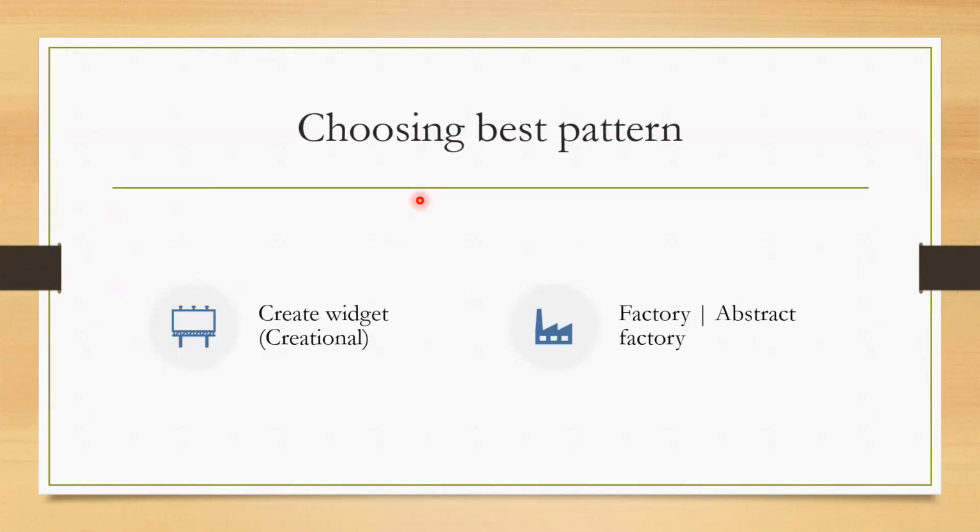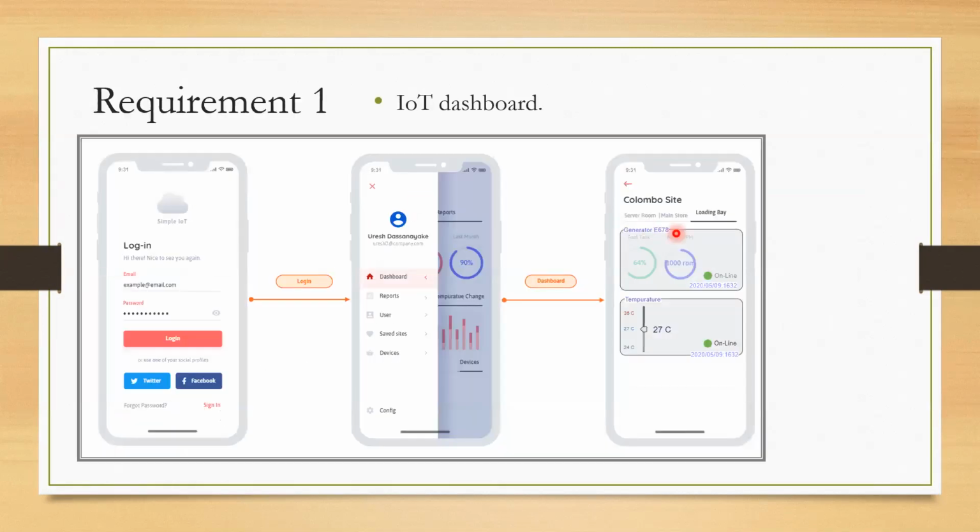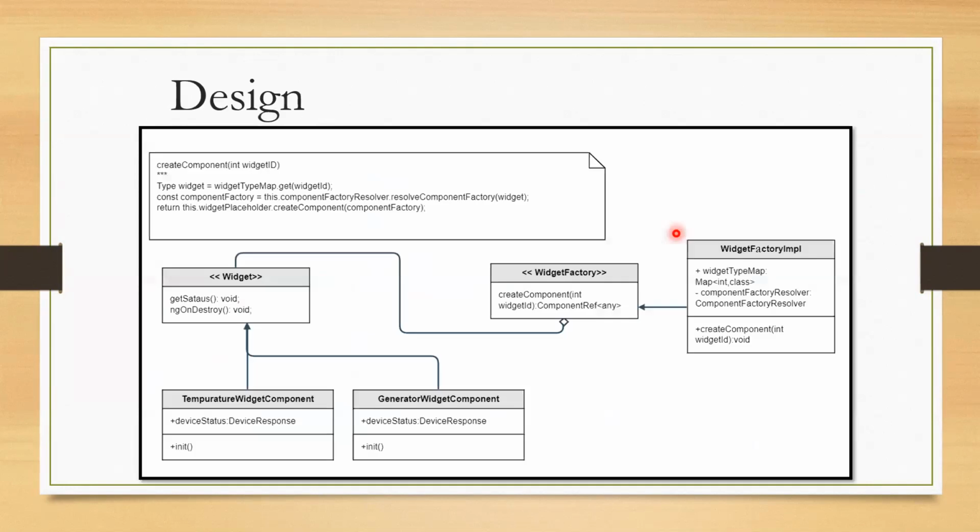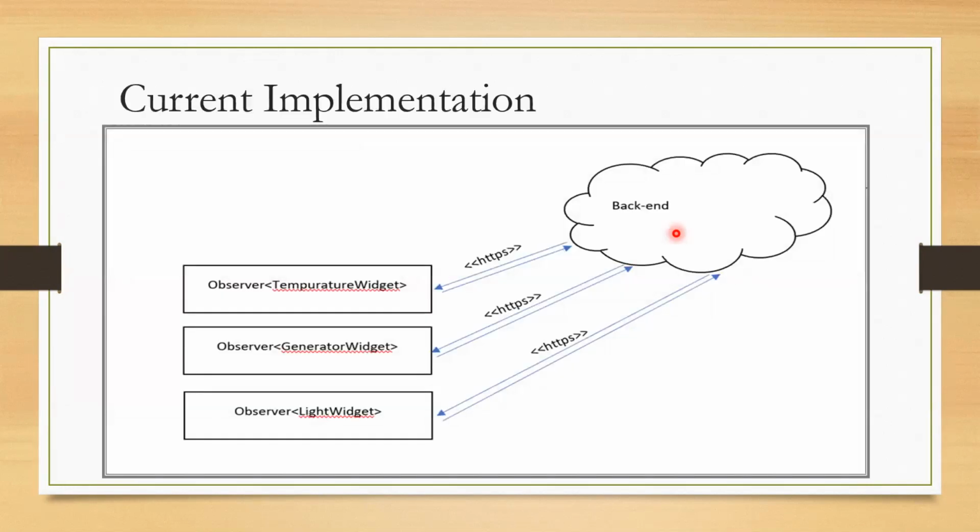Here, this is the current implementation. Every widget goes to the server and gets data, so there will be a huge number of network calls, huge traffic on the network and the server.